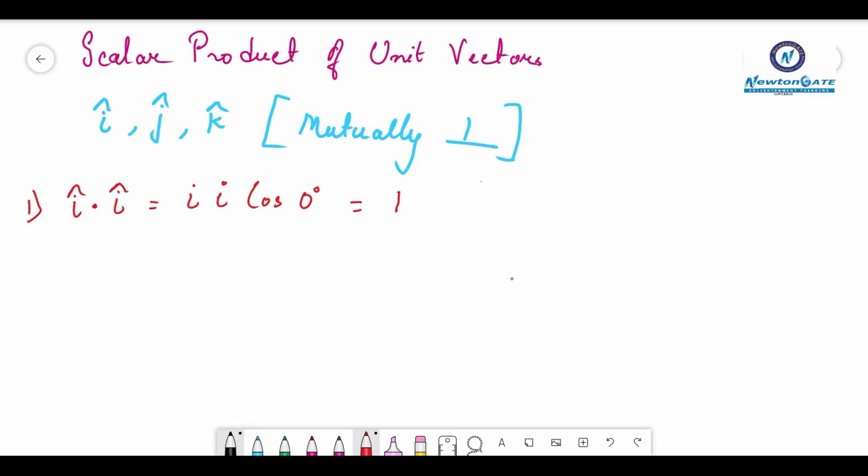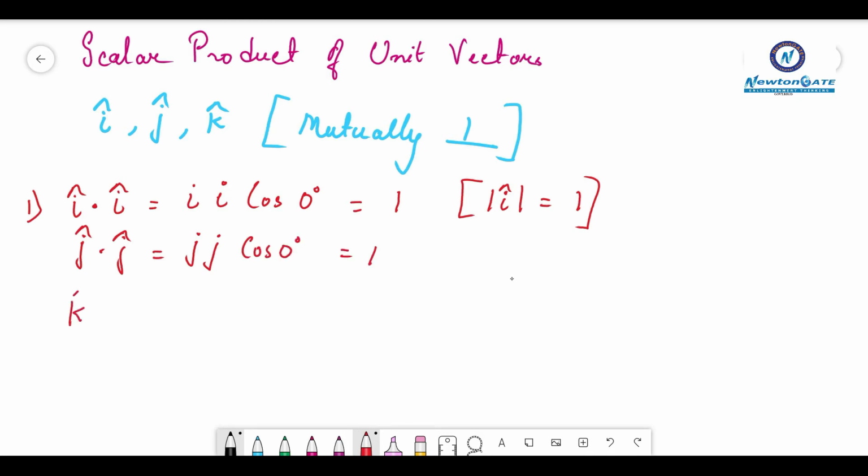Because magnitude of i cap is equal to 1, it is a unit vector. Similarly, j cap dot j cap will give me j into j cos 0 degree, that is also equal to 1, and k cap dot k cap will also give me a value 1.